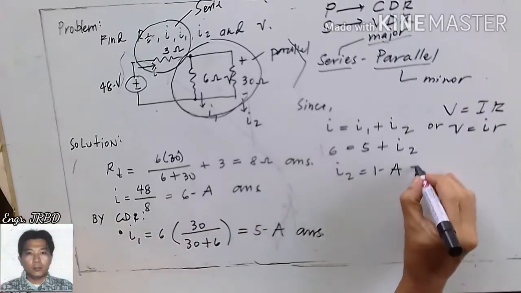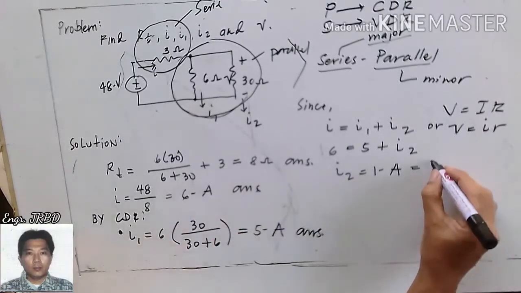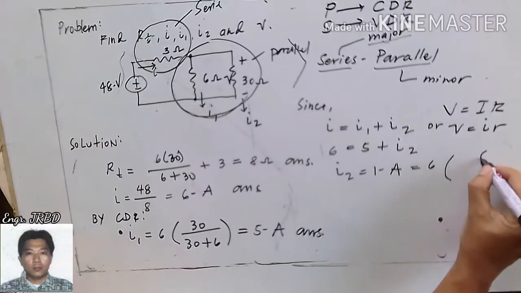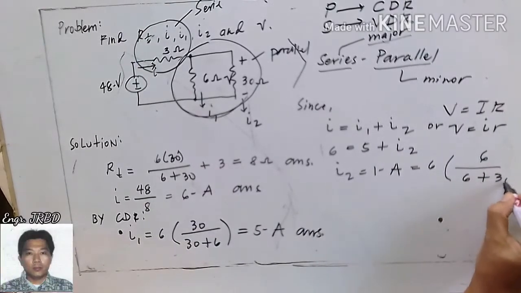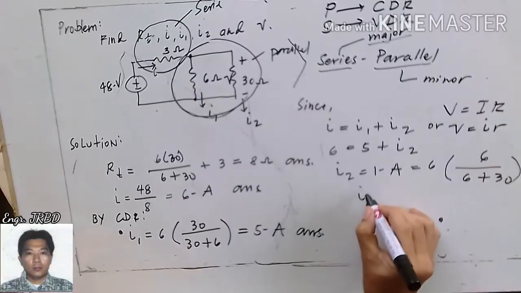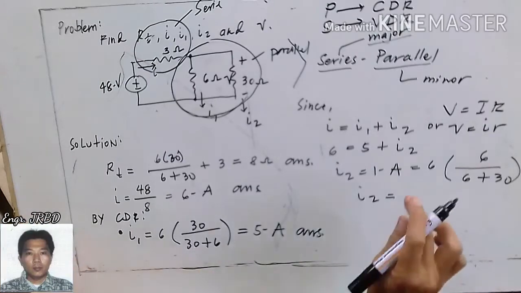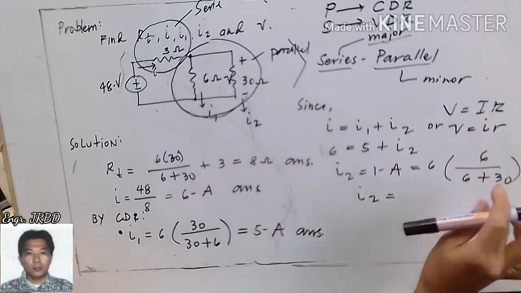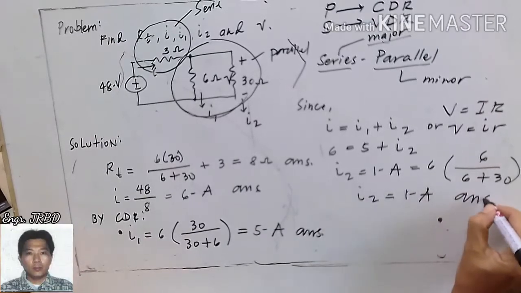I2 is the total current, 6 amperes times 6 over 6 plus 30. See to it that this is the same value, 1 ampere. 6 times 6, 36, divided by 36 is 1 ampere.